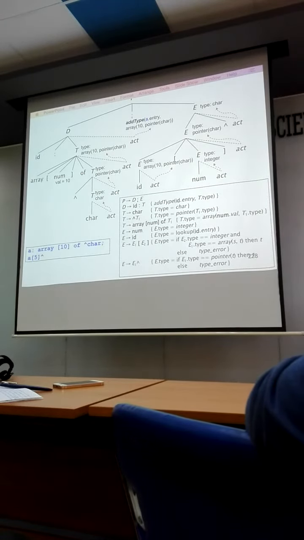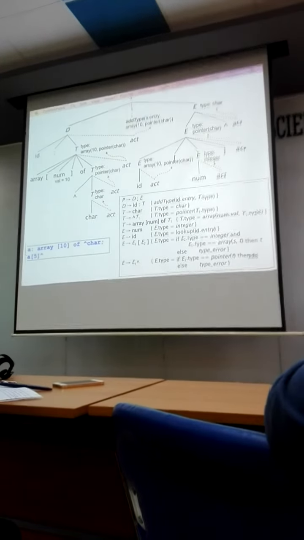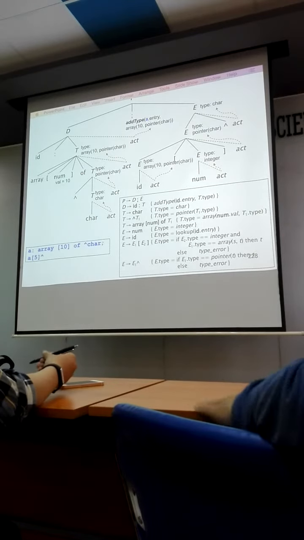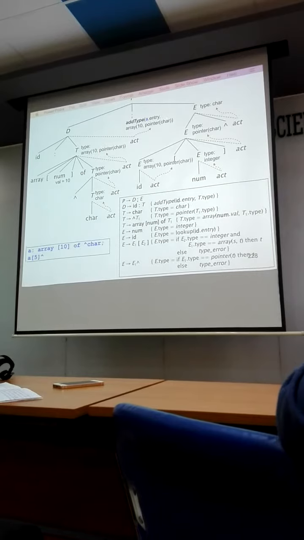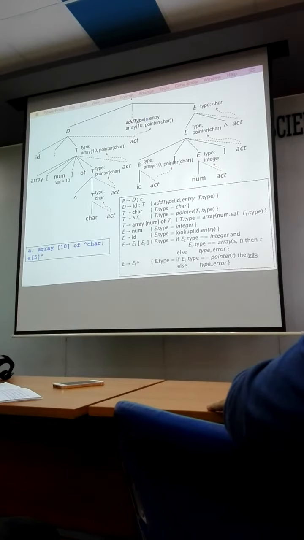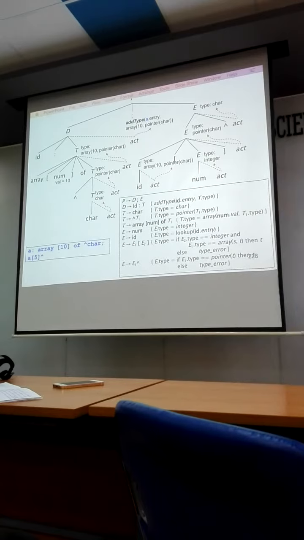Look at this one. Okay. Obviously, in this case, T dot type is set to this value. You repeat using this semantic action. And you know, this information will be sent into the symbol table using this pseudo function addtype.